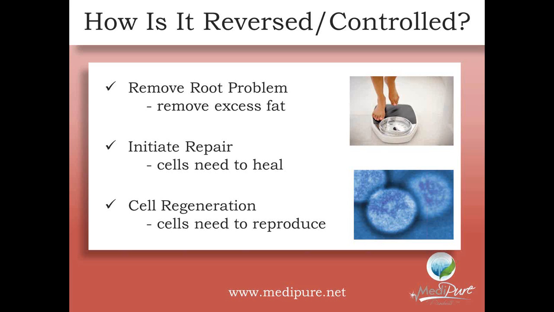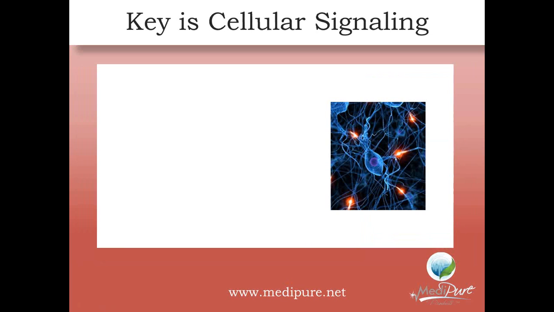The cells need to be able to continuously reproduce themselves in a healthy fashion, and if for some reason the cell cannot heal itself, such as an inability to initiate repair, it needs to replace itself with a healthy cell. So these are the three main points that need to be addressed in order for type 2 diabetes to be reversed or controlled.